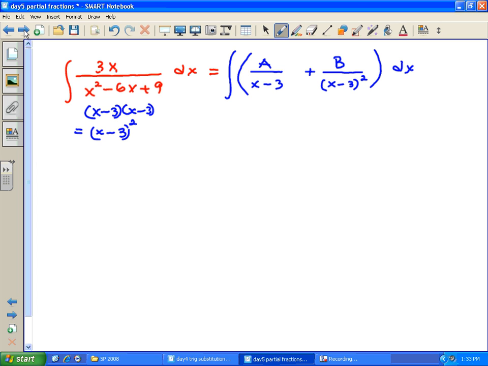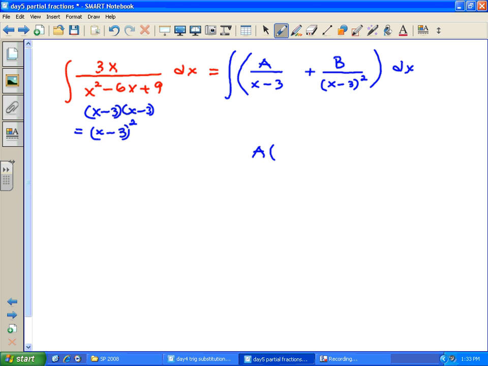Once again, our job is to find A and B. Once we find those, we'll be done, because the integrals on the right-hand side are going to be pretty simple. How can I get common denominators here? The first top and bottom needs to be multiplied by what? What will be the least common denominator?